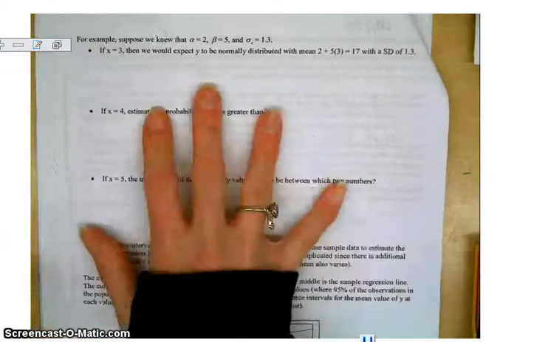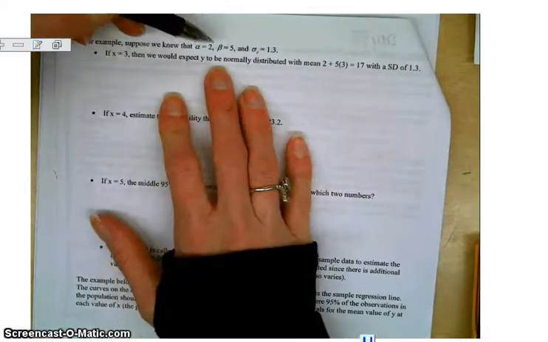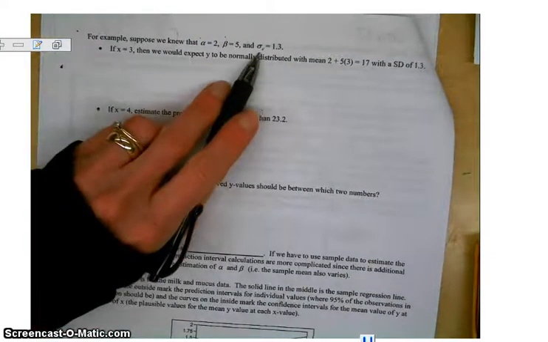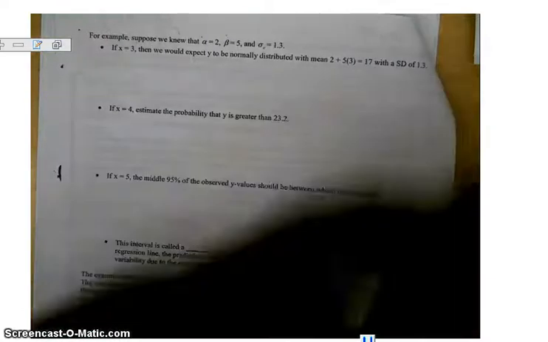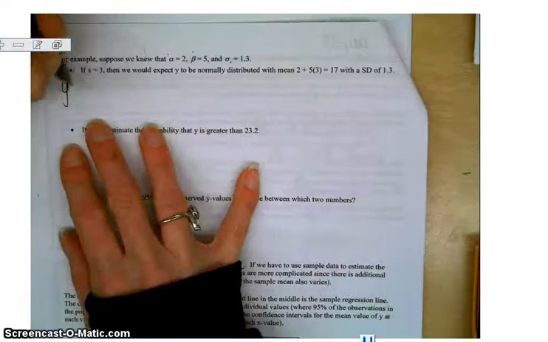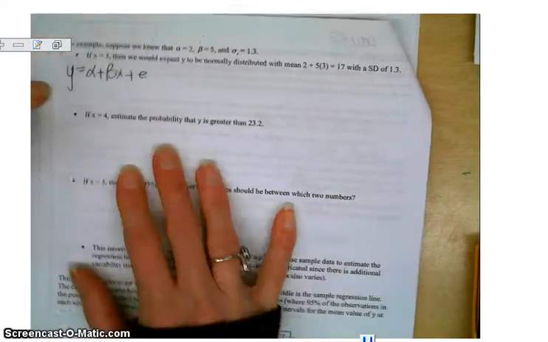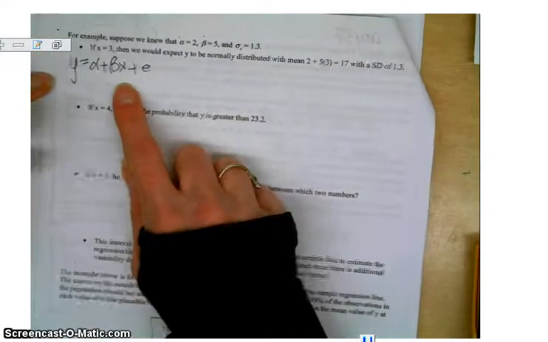Okay, so for example, suppose that we knew alpha was 2, beta was 5, and the standard deviation of the errors was 1.3. That would mean our regression equation, the general regression y equals alpha plus beta x plus e, comes from the other side that we just talked about.